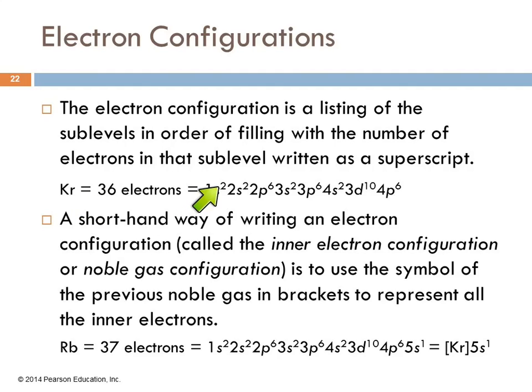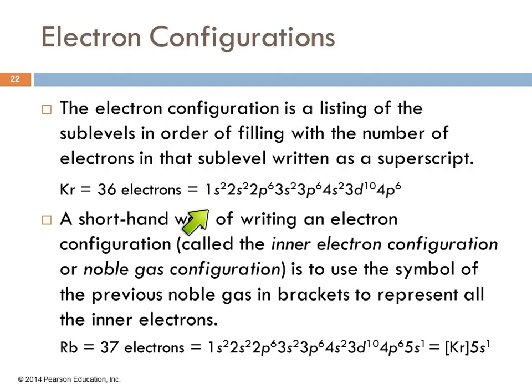And if you add up all the superscripts here, I said subscript, I meant superscript, if you add these up, 2 plus 2 is 4, plus 6 is 10, plus 2 is 12, plus 6 is 18, plus 2 is 20, plus 10 is 30, plus 6 is 36. All of them are accounted for. The superscripts add up to the number of electrons. The number of electrons is written in nice large numbers above the element symbol in the periodic table.